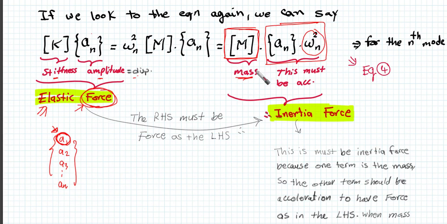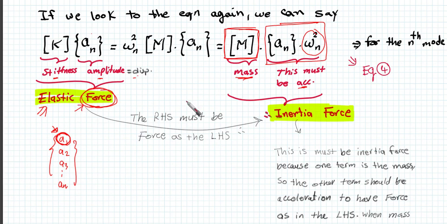We are sure that we have the mass term, which is the mass matrix here. This implies that the remaining terms are supposed to represent acceleration, right? Because mass times acceleration is force, which is going to equal the left hand side, the elastic force.